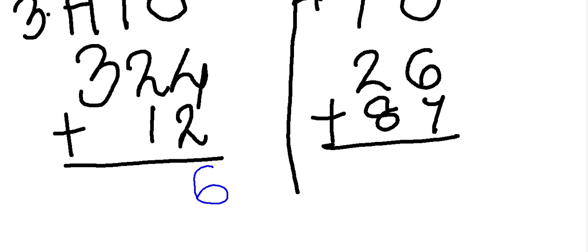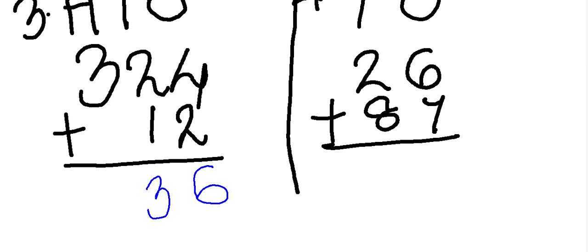Let's move to the tens house of sum number 3. 2 books plus 1 book equals 3 books. And now we are going to move to the hundreds house of sum number 3. And now there is 3.